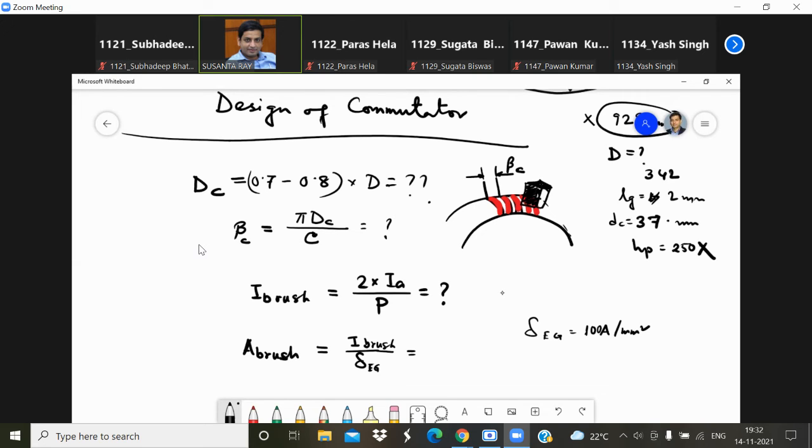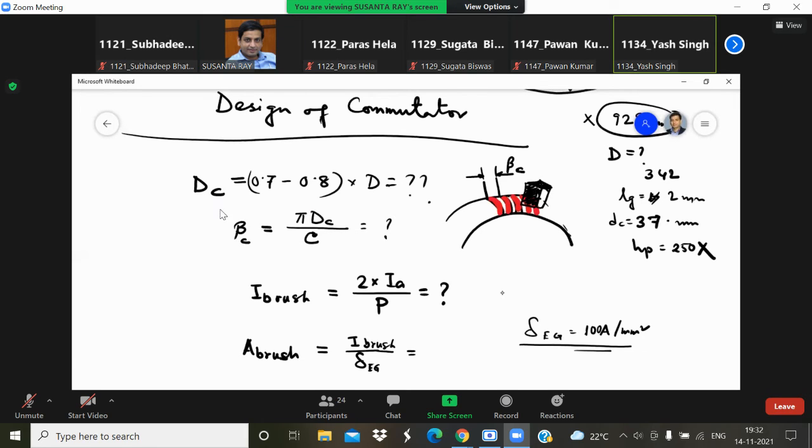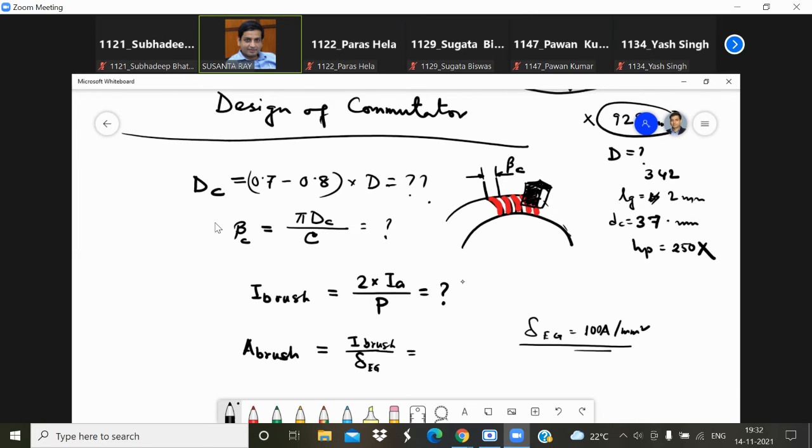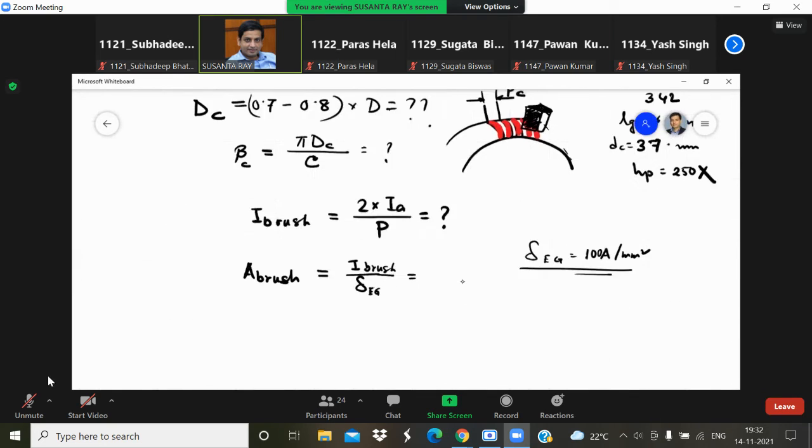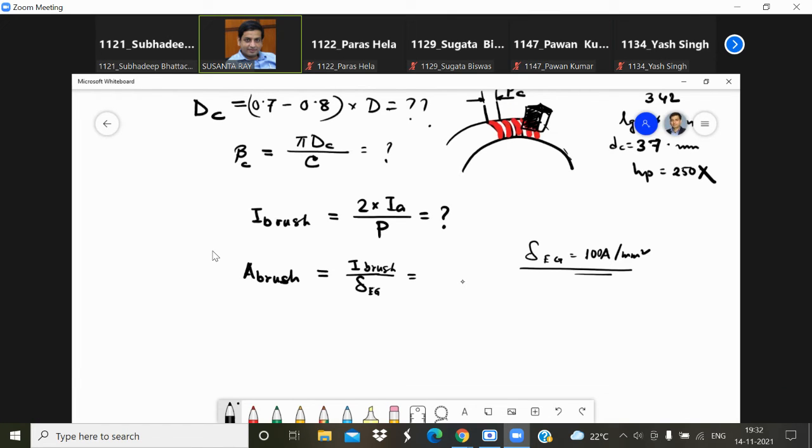You just check with your book. Okay, sir. Ten ampere per square centimeter. And into 10 to the power minus 3 over.